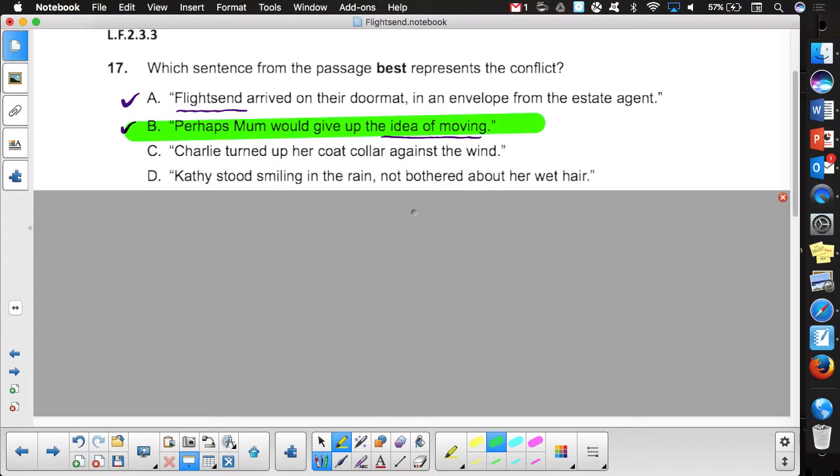If you're dealing with the conflict, it's probably going to be in a little bit more literal terms. And so the use of the word moving here is the key issue that they're dealing with. You could argue that for D, hey, she's liking the rain. She's not bothered by the house as much as Charlie is. But if there is a more direct answer where it's not asking about metaphor and all that stuff, go with the more direct one. Okay.